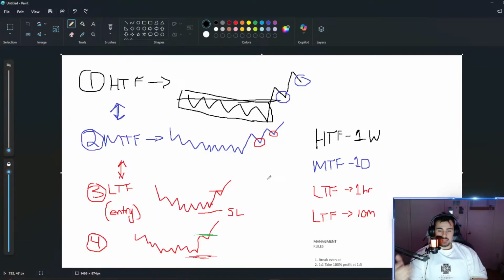Now, as we keep testing just these basic rules in front of us here, we can add, subtract, refine, and make things either much simpler than they even appear to be right now, or we could go down the rabbit hole and make things a little more complicated by eliminating a lot of the action we are allowed to take, but ultimately that makes it simpler, because the less action you're allowed to take, the more specific the thing you are looking for in order to enter.